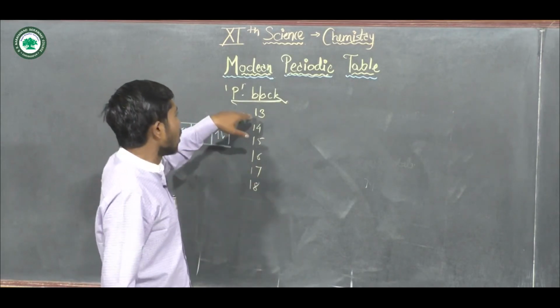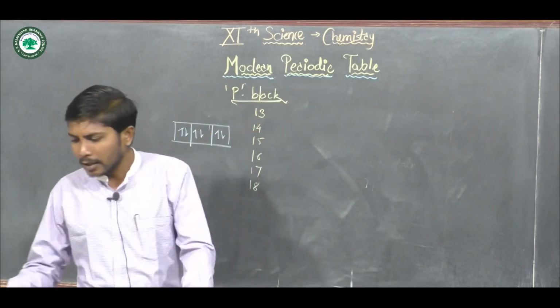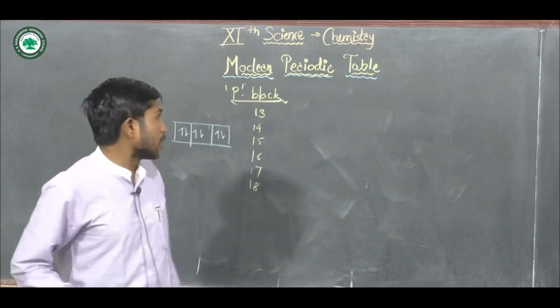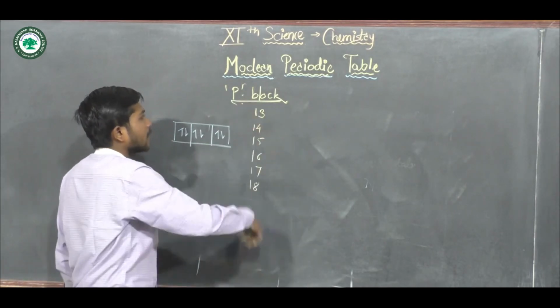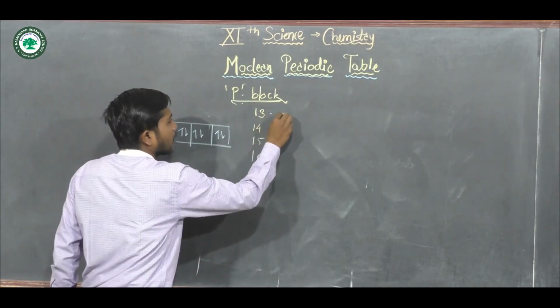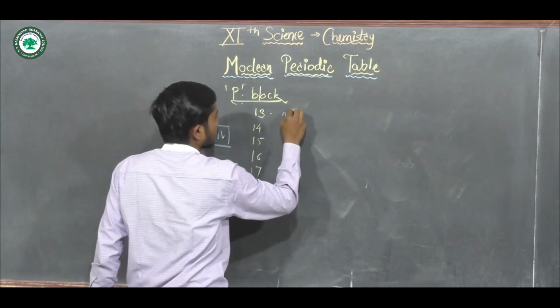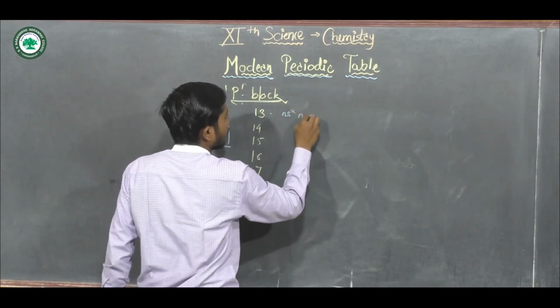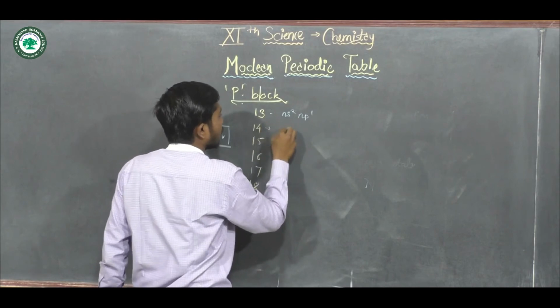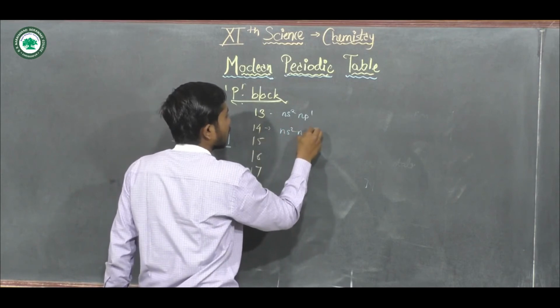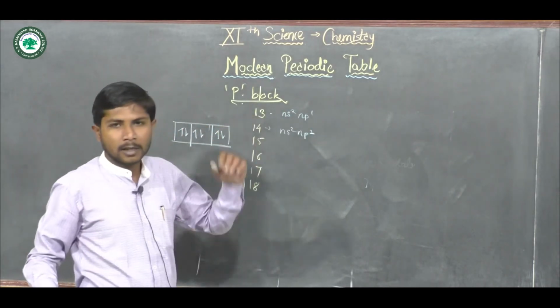Now, the general electronic configuration for the p-block elements, we have seen, is ns2 np1 for group 13, and ns2 np2 for group 14, in the previous table.